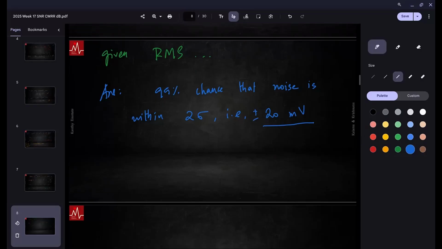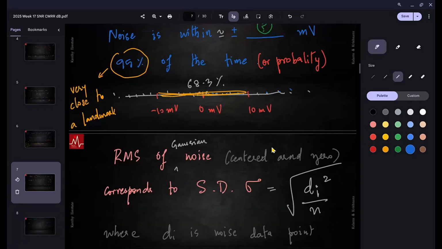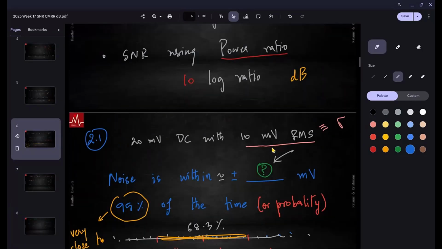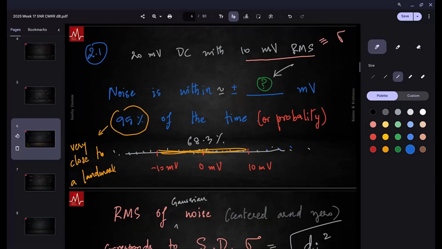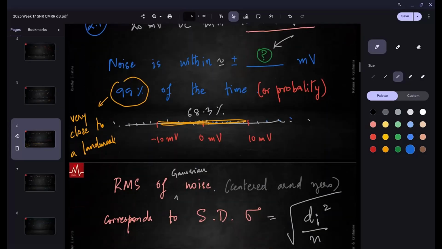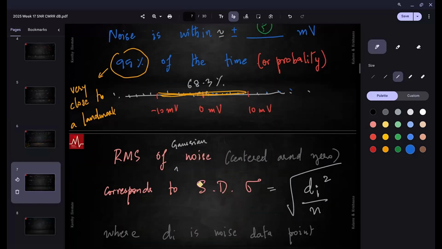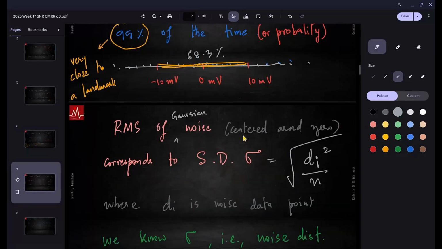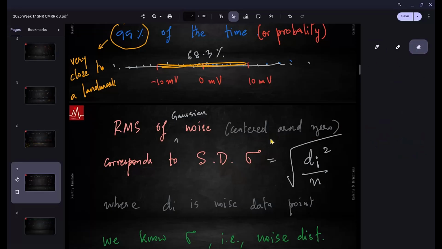Do 20 plus or minus 2 sigma. Noise mean is 0. Gaussian mean is 0. Okay, this is Gaussian noise. Unless this is systematic bias, noise mean is always 0. It doesn't have to be explicitly given. Noise is, by definition, centered around 0.